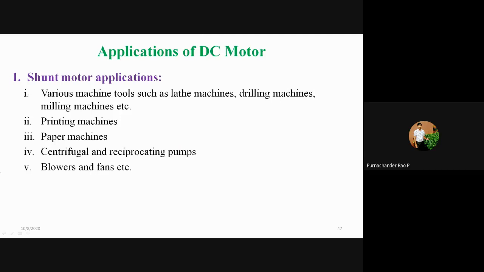Because of this, they are used for printing machines where we need to print paper, and in paper machines for cutting equal size papers. Centrifugal and reciprocating pumps, blowers and fans also run at constant speed. So in these applications, we use shunt motors.